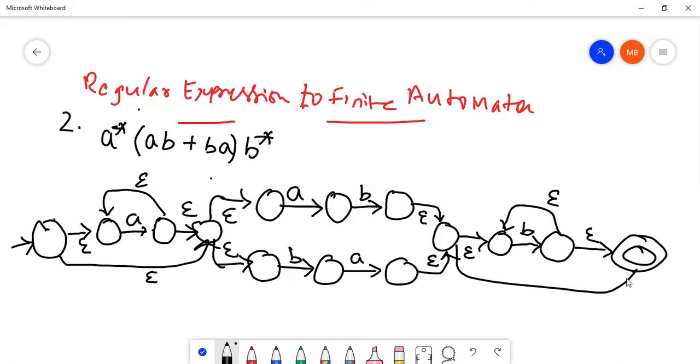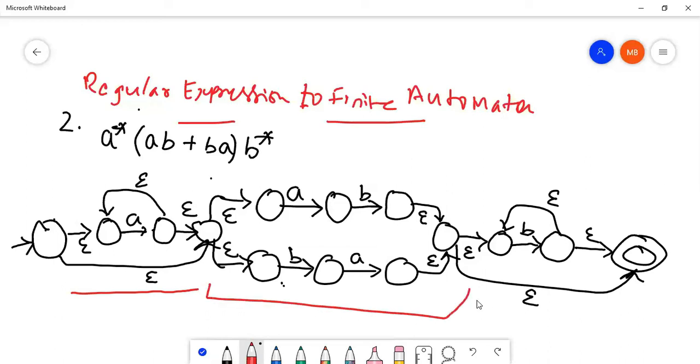So we can say this accepts epsilon, this accepts repetition. Hope that's clear. I repeat, if you want to know, this is for a star, this is ab or ba, this is b star. Hope that's clear. Let's continue with the next one.